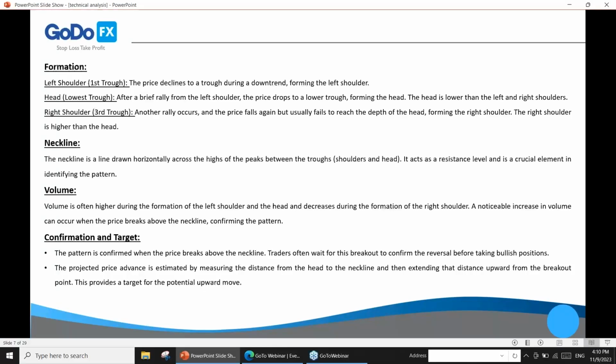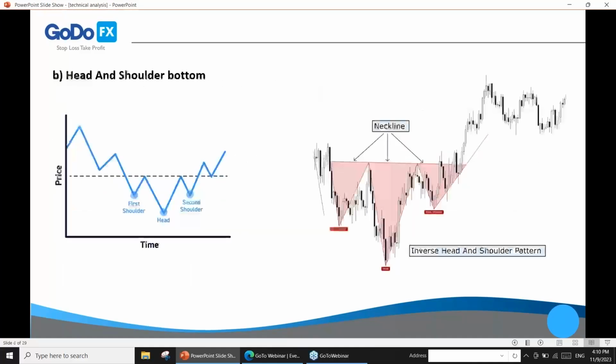A noticeable increase in volume can occur when the price breaks above the neckline, confirming the pattern. So once we have a breakout, it means that the chart is gonna move up, breaking the neckline. Here we're gonna have a very high volume, which is gonna confirm this pattern, known as the head and shoulders bottom.